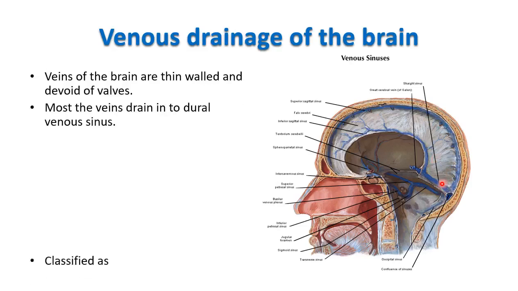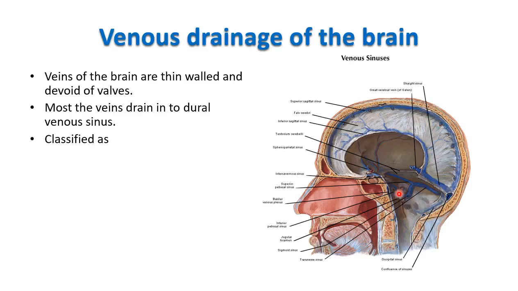You can see the superior sagittal sinus here, then the inferior sagittal sinus, the straight sinus, the transverse sinus, and the sigmoid sinus going down as the internal jugular vein. Here you have the cavernous sinus, which is connected to the superior petrosal and inferior petrosal sinuses.